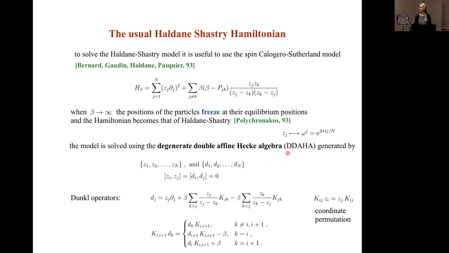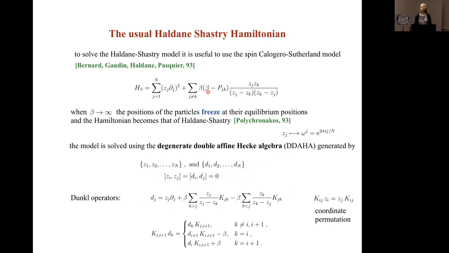It's called the degenerate double affine Hecke algebra, and it's generated by two sets of generators, the coordinates, and some operators which mutually commute, but do not commute with the z's, of course. These operators, called Dunkl operators, have some expression in terms of coordinate permutations, which permute the coordinates of the particles.